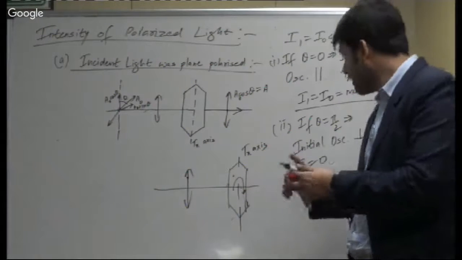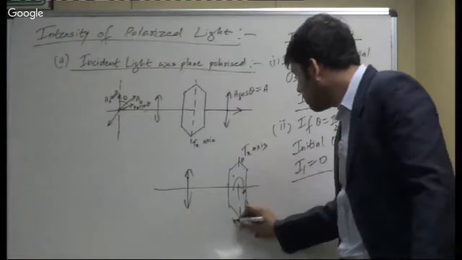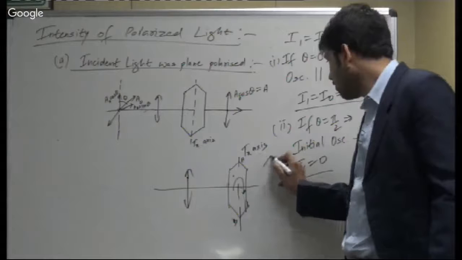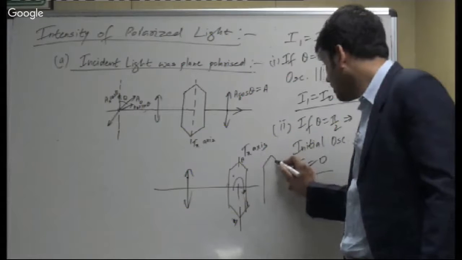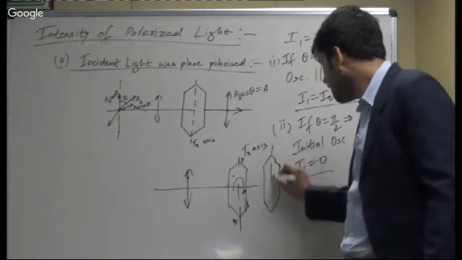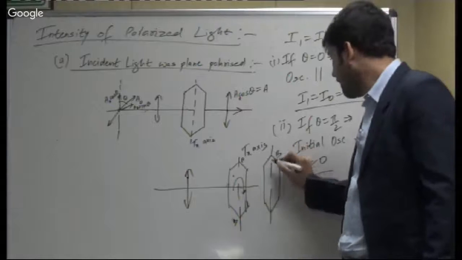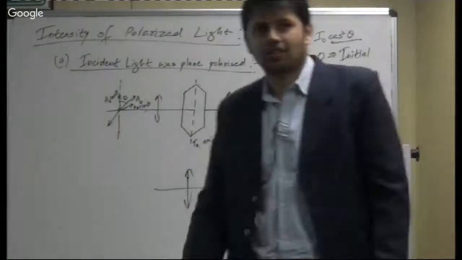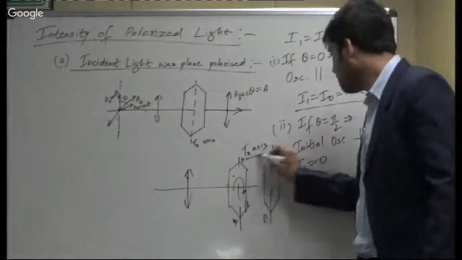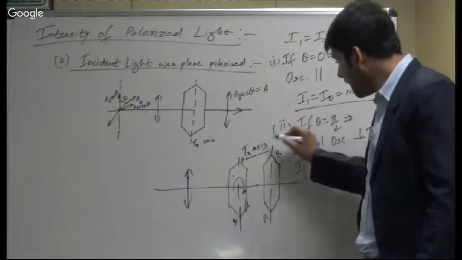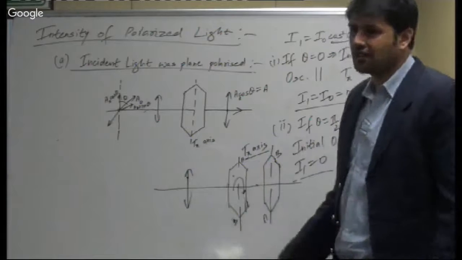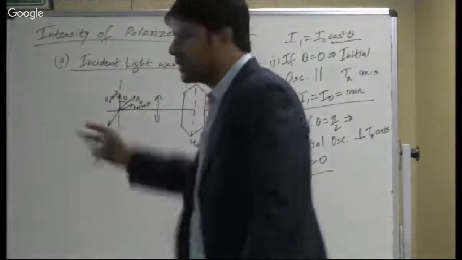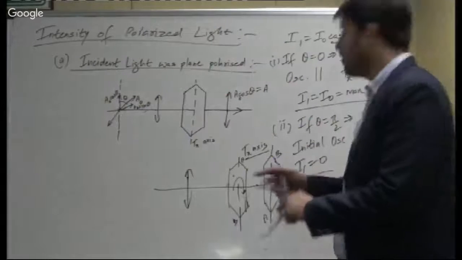After 180-degree rotation, points A and B get inverted. B point comes up, A point comes down. It doesn't matter to light. What matters is that the transmission axis remains aligned with the oscillations. They are once again aligned. So in half a cycle, we get maximum intensity for the second time.